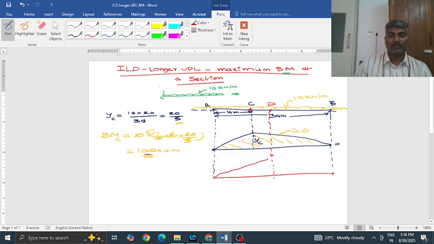It's just a triangle, 0 here, 0 here. I say YD is the ordinate at the center. YD is equal to the left span 15 meters times the right span 15 meters, divided by the total 30.